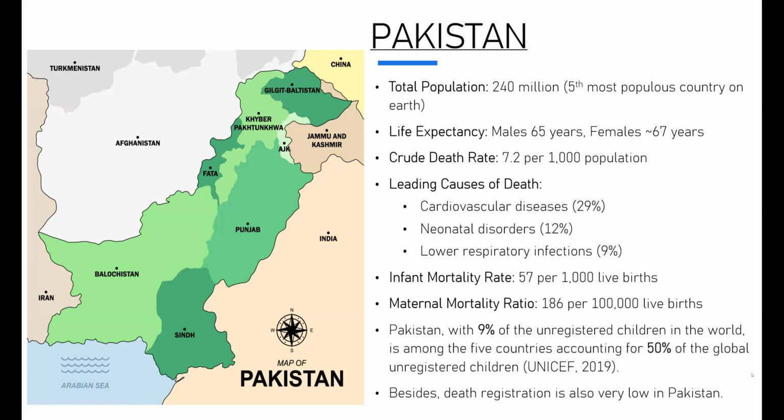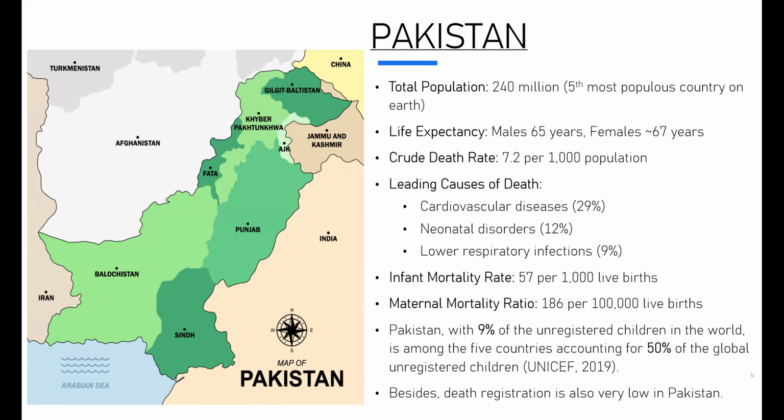And 9% of our newly born children go unregistered, which accounts for almost 50% of global unregistered children in 2019 estimates. Besides this, our death registration is also very low.